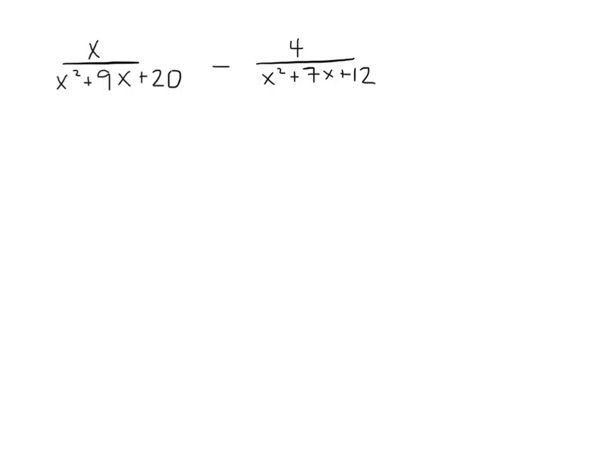Here's the last one that we're going to do together today. Start out the same way by factoring the denominators. I'm just going to factor, and you guys can check and see if it seems like I'm right.